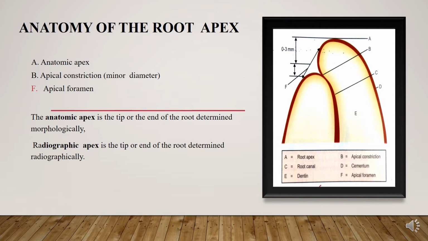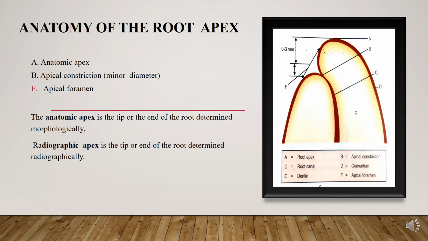Now let's look at the anatomy of the root apex. If you carefully look at the anatomy of the root apex, you have point A, which is usually the anatomic apex, point B, which is the apical constriction, which also coincides with the minor diameter, and point F, which is the major diameter.